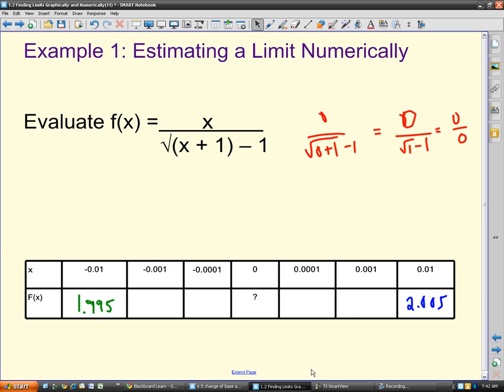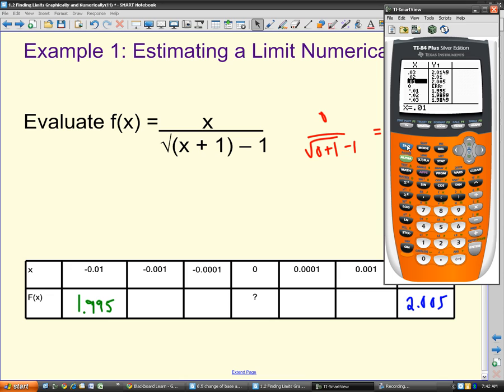We're going to go back to our table set, and this time my table start is going to be the negative version over here of negative 0.001, and that's what I'm going to count by too, negative 0.001. And so now if I go to my table, you can see that I get an extra 9 in this one.